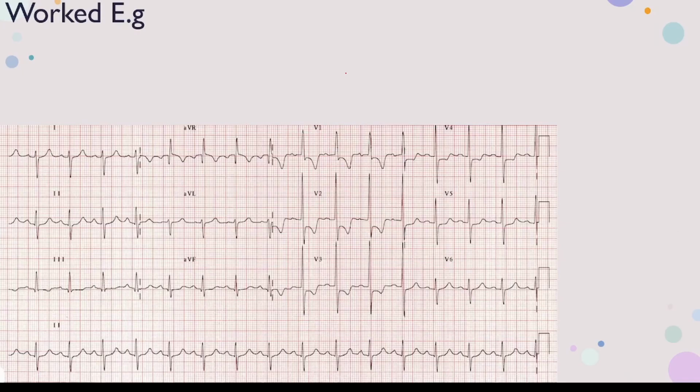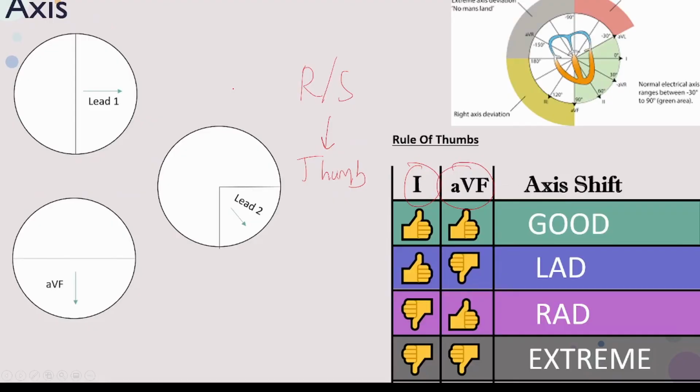What do I mean? For example, on lead 1, where is the major deflection? Well, it's negative, isn't it? There is this large S wave, it's the main deflection. What about in AVF? In AVF, it's positive. The main deflection is positive. So that is what I mean by your deflection should be thought of as a thumb.